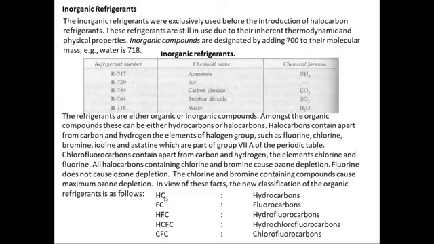So initially we started with HC, then mix fluorine with the HC, it becomes fluorocarbons. Then there is hydrofluorocarbon, which is the one with the hydrogen, and this is hydrochlorofluorocarbon.